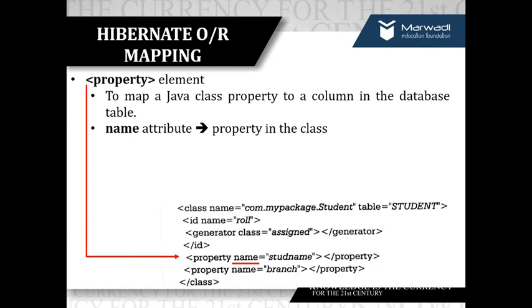And we have not specified the names of columns, we have not specified the name of the primary key. So here we assume that the names of these columns are the same as the properties of the Java class. Only the table name has to be specified. That is not optional, that is compulsory.